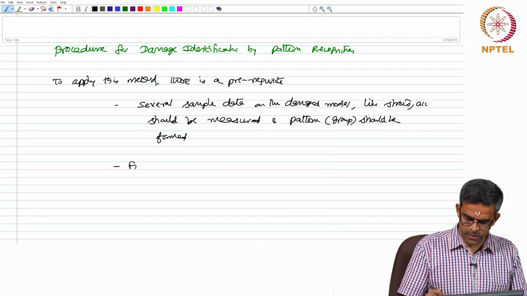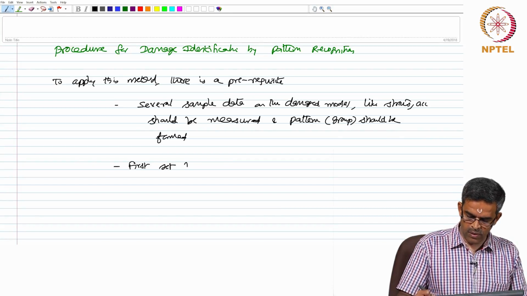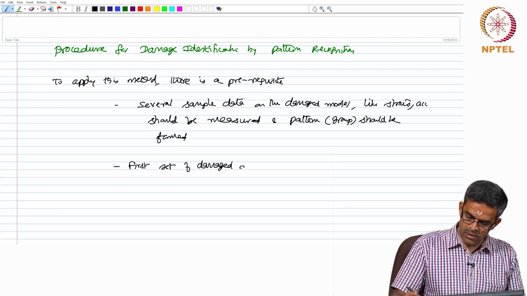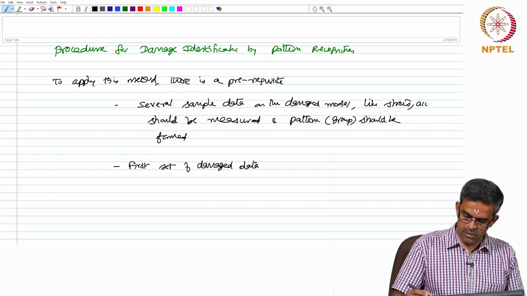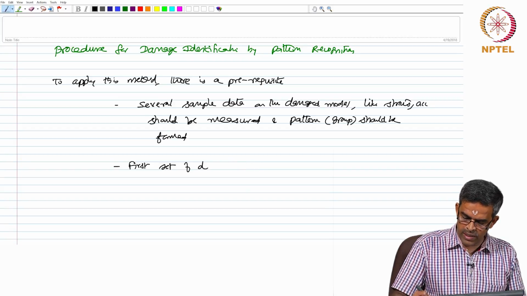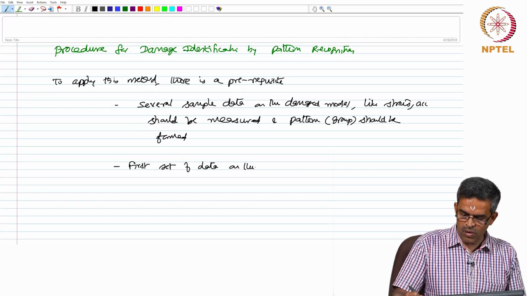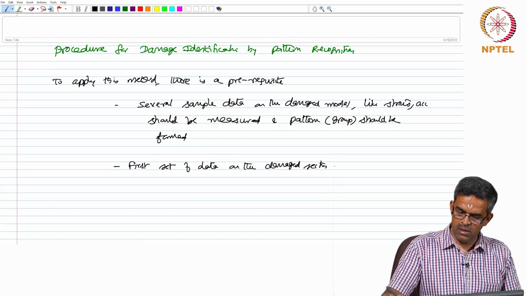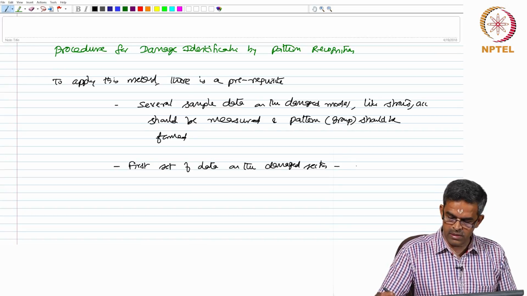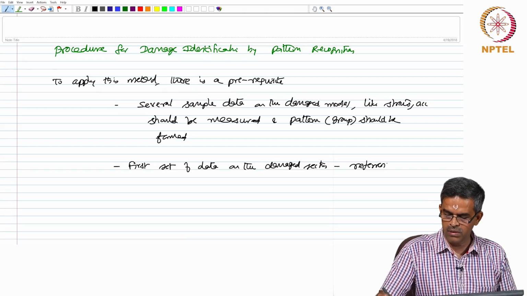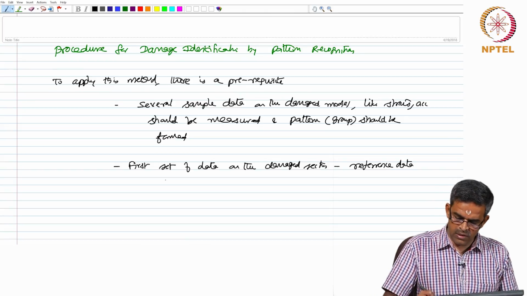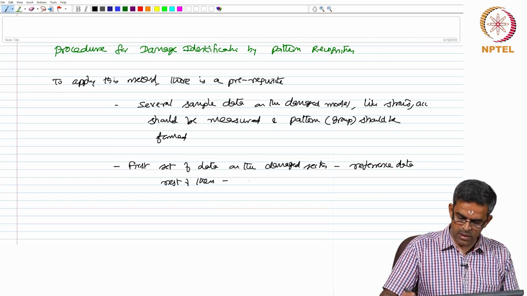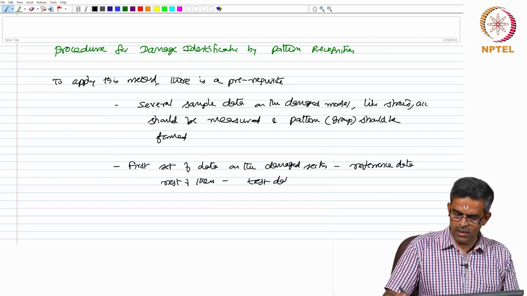The first set of damaged data, that is, the first set of data on the damaged section, can be considered as the reference data. The rest of the data can be considered as the test data.